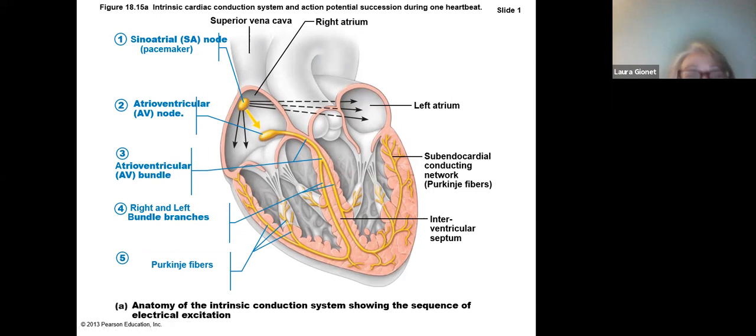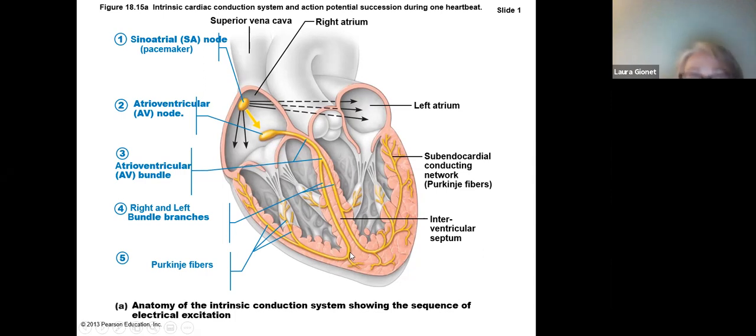Okay, so from the SA node, the impulse will travel around the walls through what are called internodal tracts, to the AV node, where it recollects, and then it kind of waits momentarily and then sends the impulse down the bundle of His to the ventricular septum. That branches off into a right bundle branch and a left bundle branch. Now follow that, because it's kind of hard to articulate exactly what these Purkinje fibers are, but as they branch, these smaller fibers branch off the right and left bundle branches.